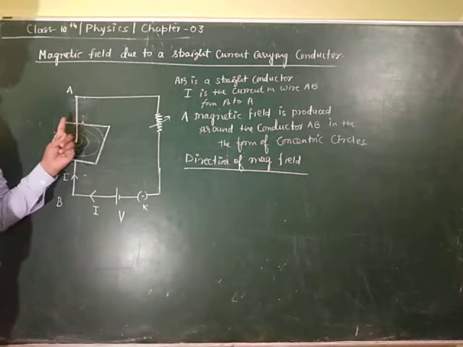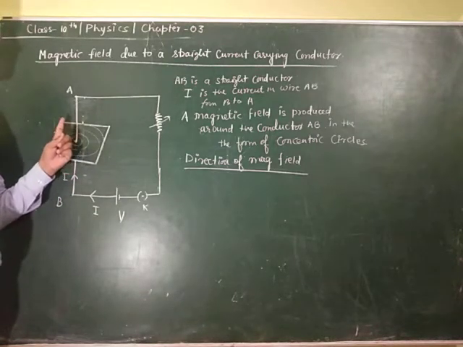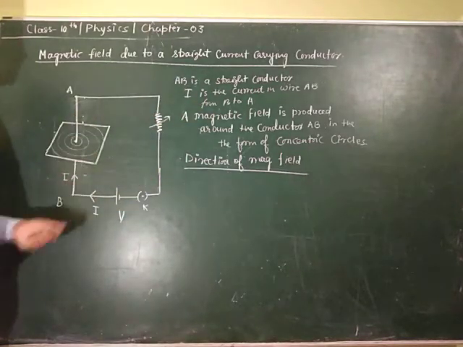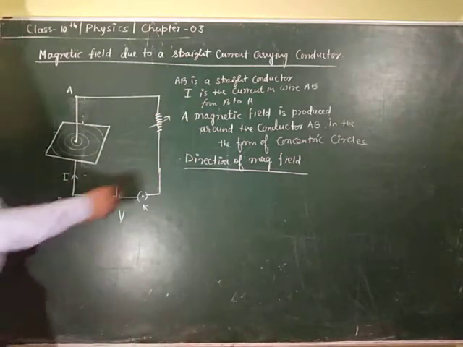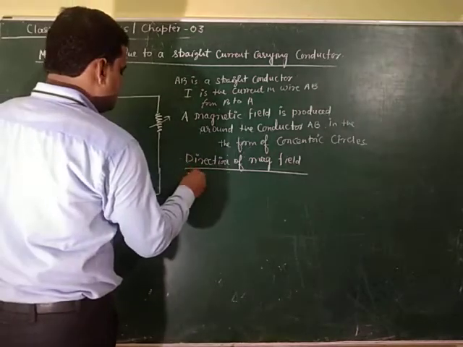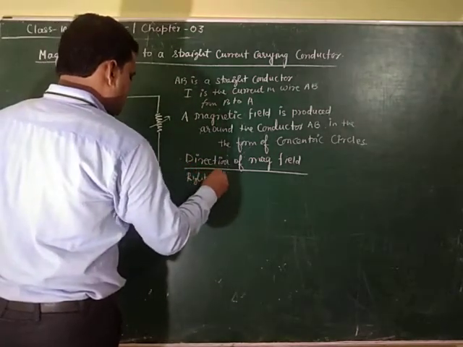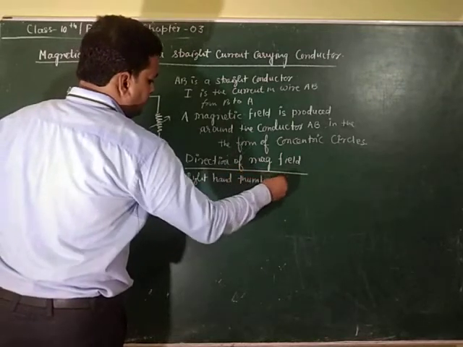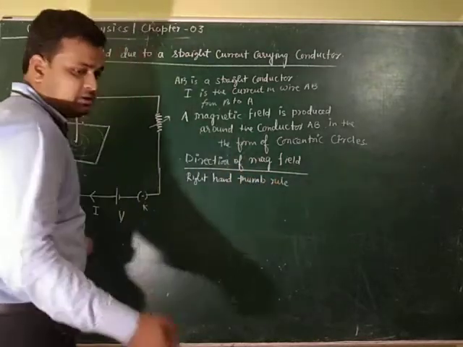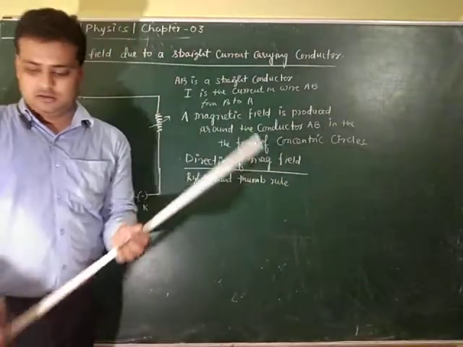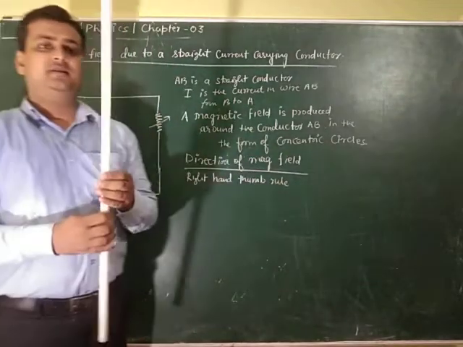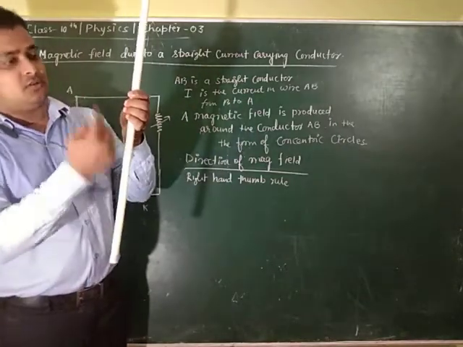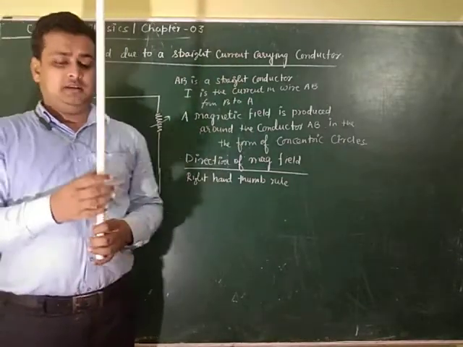So it gives the shape of the magnetic field, that is concentric circles, and the direction is given by a rule that is known as the right hand thumb rule. For this, just suppose I have taken a straight conductor like this, and the current is flowing from this direction. Just hold it in your right hand.